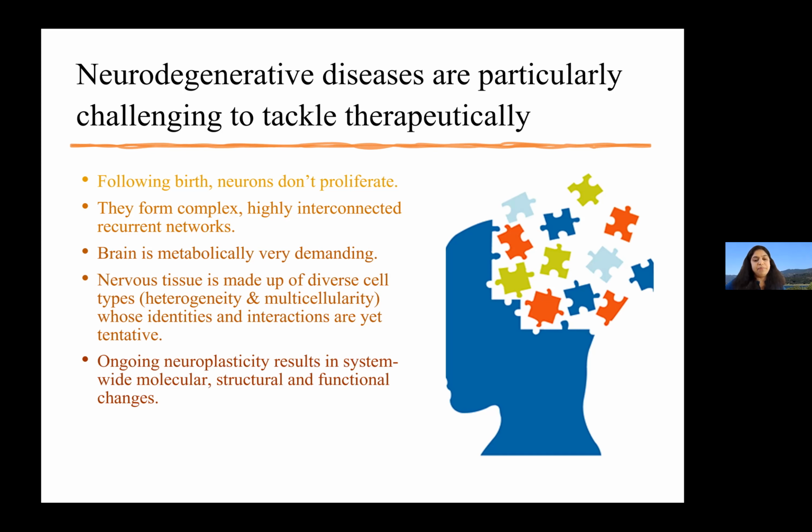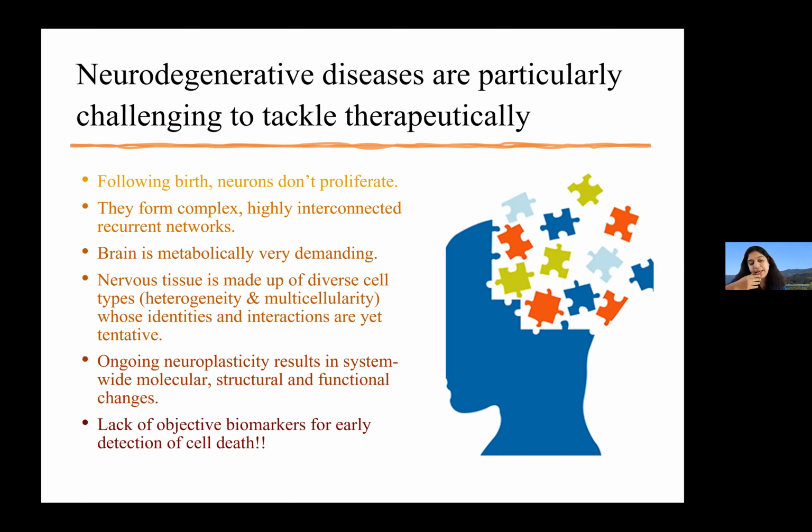Also, the plasticity of the brain results in system-wide changes at the molecular level, structural level, as well as functional level. So that is another thing that is very difficult to predict and take into account as these therapies are designed. Again, these are just a few things. There are many more. I just wanted to list those salient ones that came to my mind.